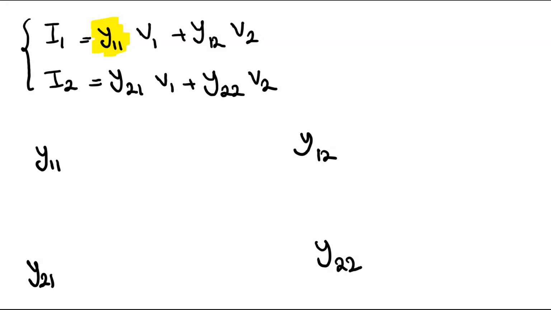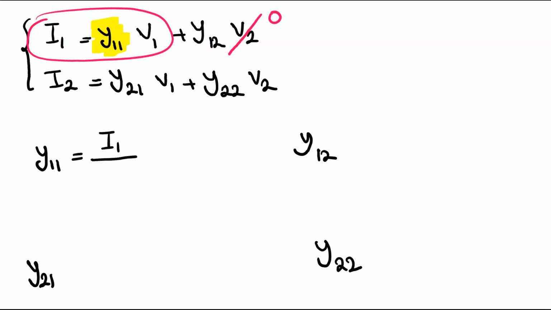And that is possible by making the voltage of the second terminal as 0. So if I can consider that V2 is equal to 0, then my equation is only this one. So I can describe Y11 as I1 divided by V1 when V2 is equal to 0. Remember that V2 equal to 0 means that we have short-circuited terminal 2. So it means our terminal 2 is short-circuited.